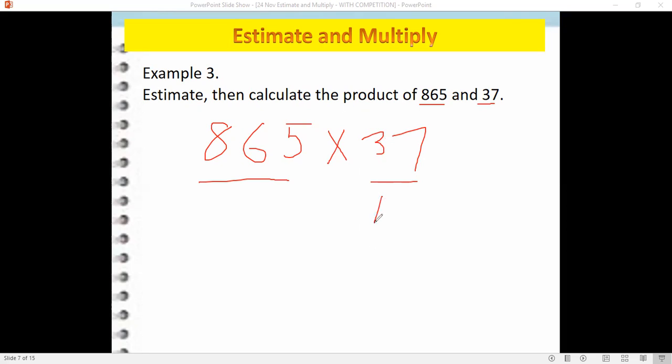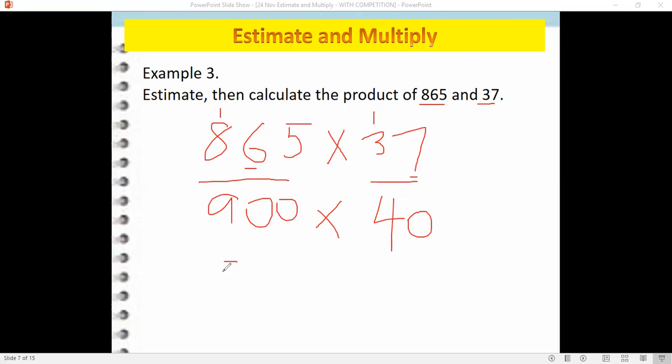So this will become 40 times, and rounding 865, it is 900. Why is it 900? Because the tens place is 5 or more, therefore we add 1 more in the 100 place. That's why it's 900. And why did it become 40? Our units digit is 5 or more, so we need to add 1 to the tens digit. That's why it became 40.